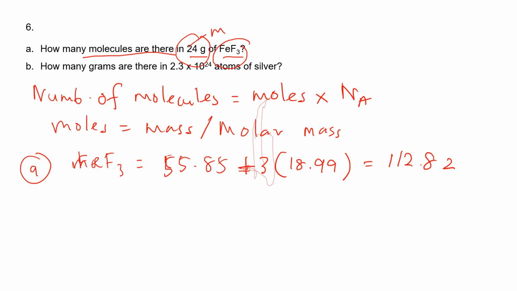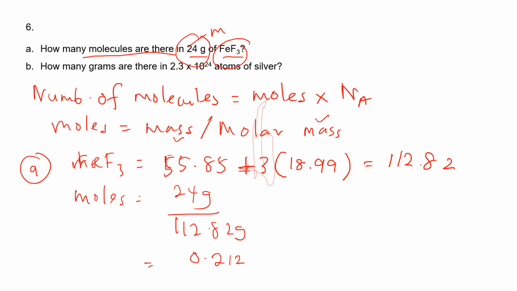Okay, so you have molar mass and you have mass, meaning that we can get the moles. Okay, moles of FeF3. So moles equals mass 24 grams over molar mass 112.82 grams. So you will get 0.212 moles.